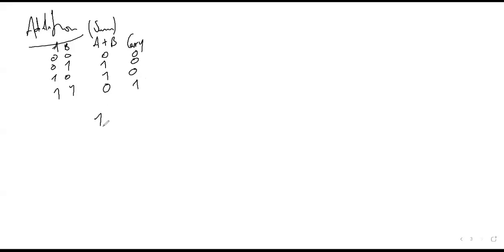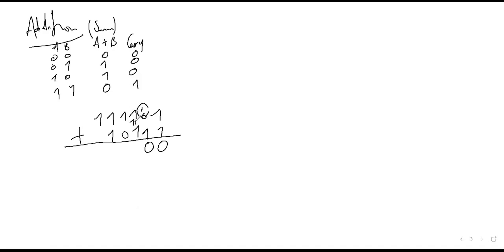Example, we have two binary numbers, 111101 and 110001. We want to add these numbers. How do we add them? 1 plus 1 is 0, carry 1. That 1, you add it to this one. 1 plus 1, you get 0, carry 1.